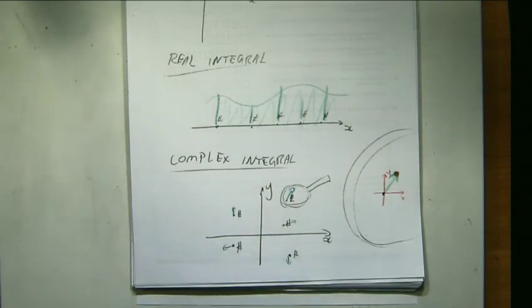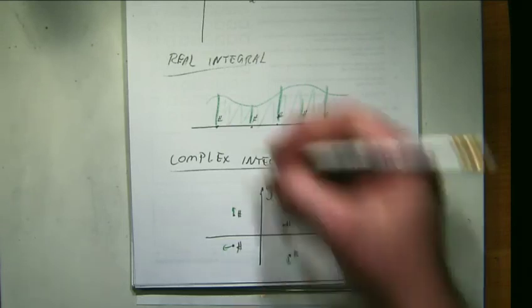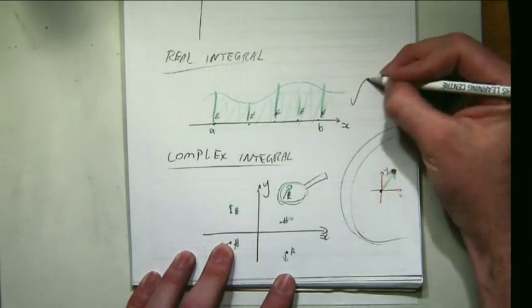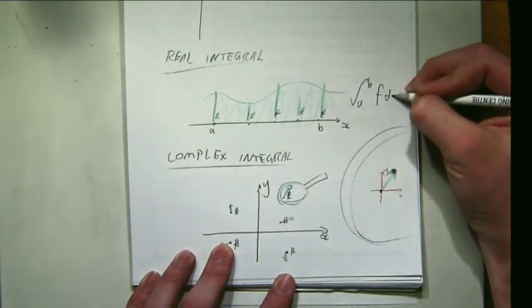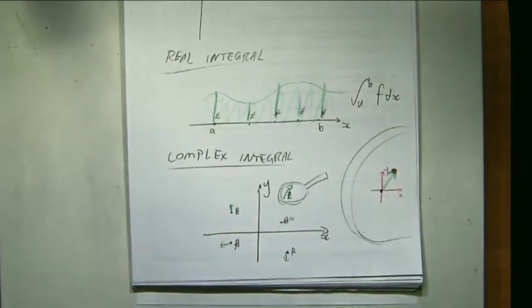Right. So what we used to do with integrals in real numbers is we used to do like the integral from a to b of f dx. And that was great, because what we'd do is we'd just find an antiderivative and we'd sub in b and we'd sub in a and we'd subtract and it would give us the answer, which was lovely.